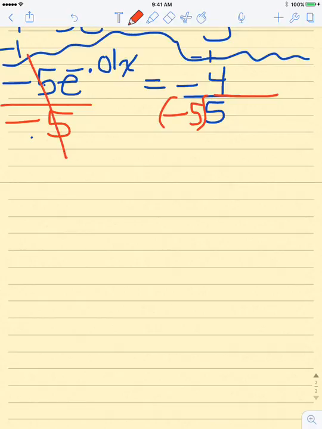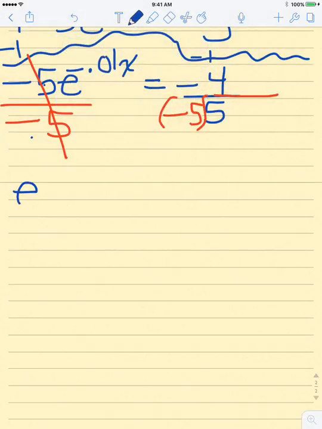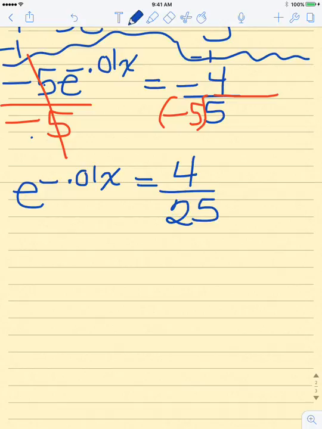These cancel out. When you're dividing by negative 5, remember it's the same as multiplying by negative 1/5. So that negative 5 goes in the denominator. So now I have e to the negative 0.01x. You see I'm getting closer to isolating x, equals, let's see, negative 4 over negative 25 is negative divided by negative is a positive, so it's positive 4 over 25. Okay, I'm almost there.